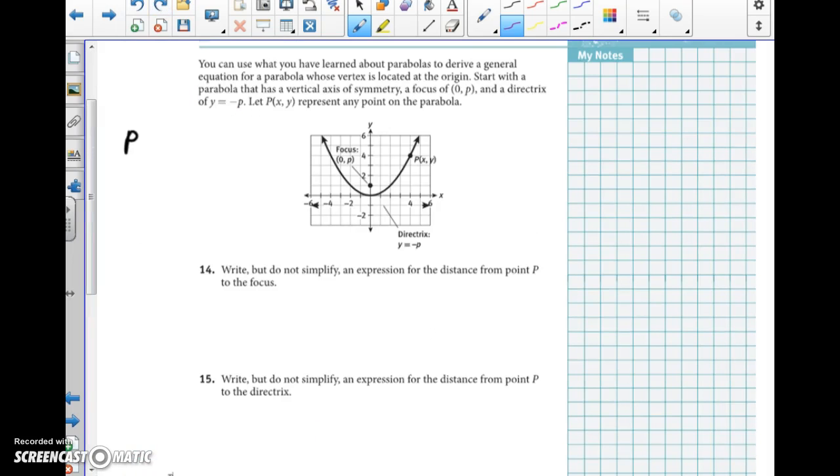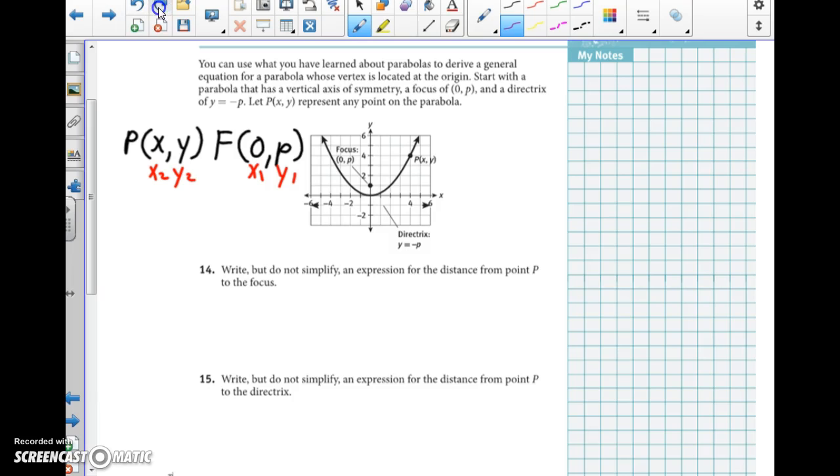So you have point P, which is this point, x, y. And then you have the focus, which is this point, 0, p. Now they want to know the distance, so you're going to use the distance formula. Like we did yesterday, (x, y) is going to be x sub 2, y sub 2, and point F is going to be x sub 1, y sub 1.